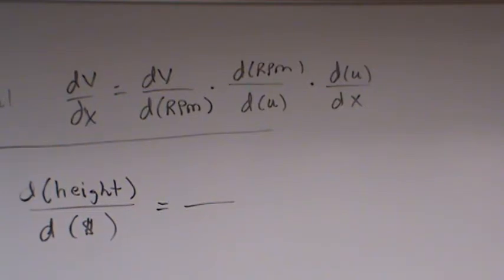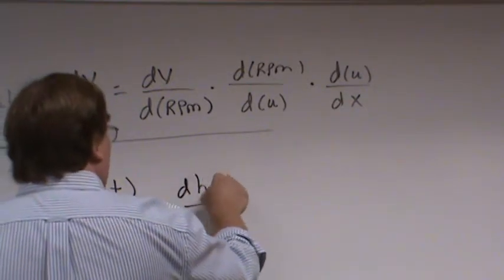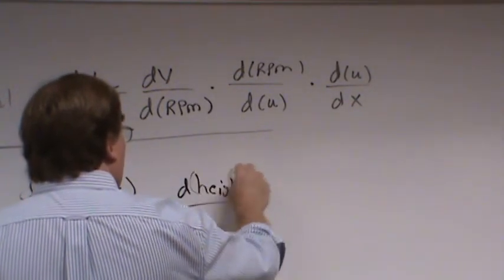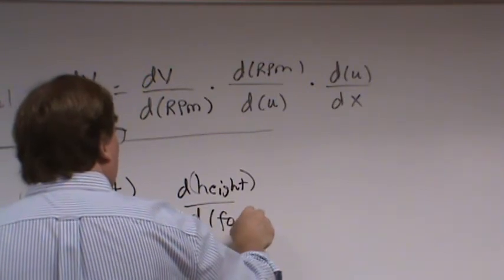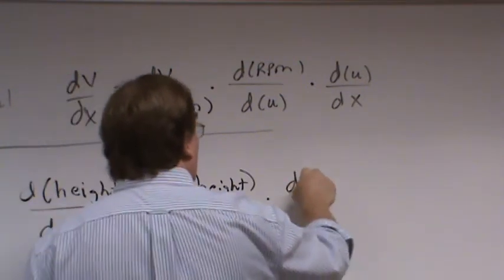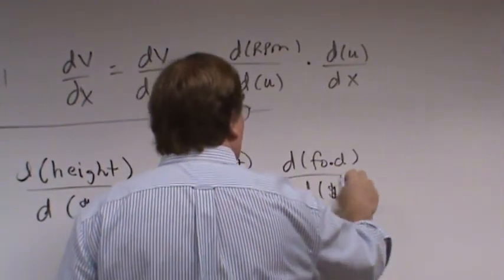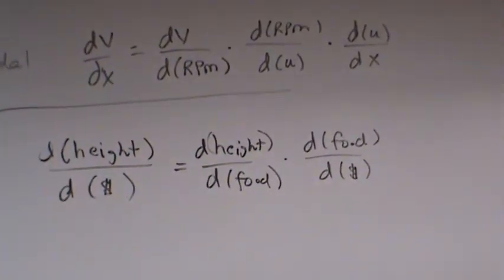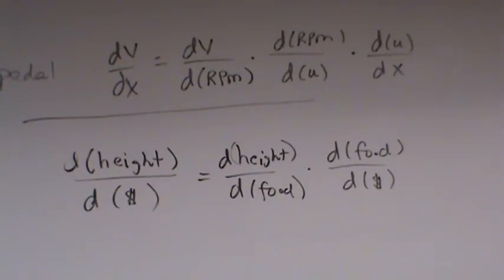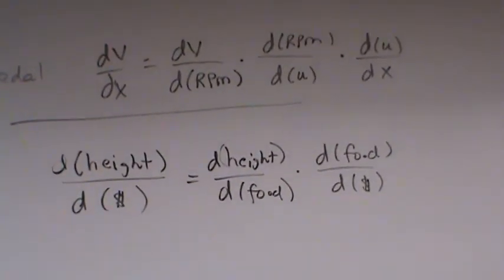So can't I really split this up into a change in height due to a change in the amount of food they eat, multiplied by how much extra food they eat due to the fact that they have more money, right? And if I can find other reasons for why things are happening, I can make that chain bigger and bigger. And so you look around you and you suddenly see the chain rule everywhere, right?